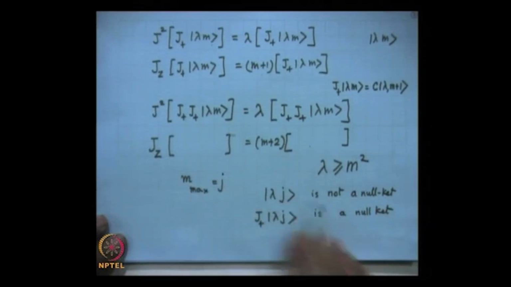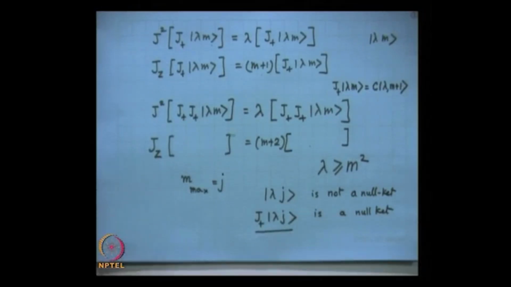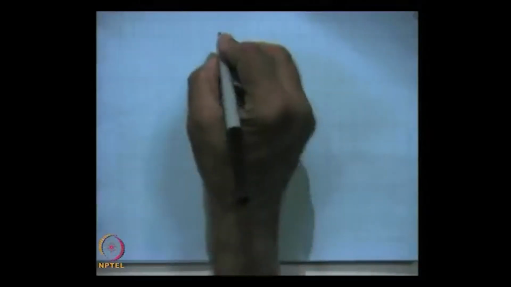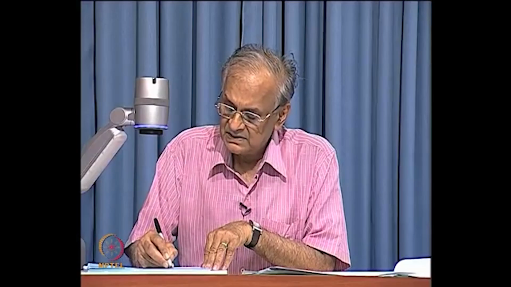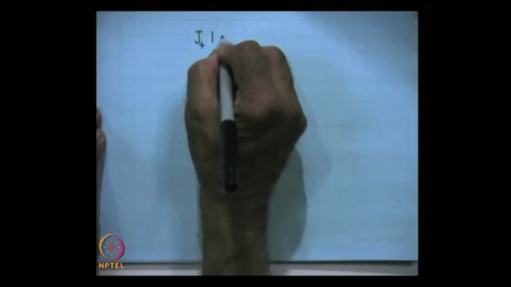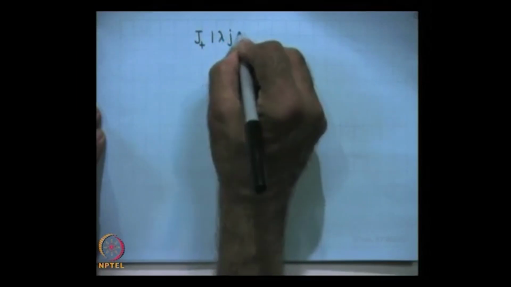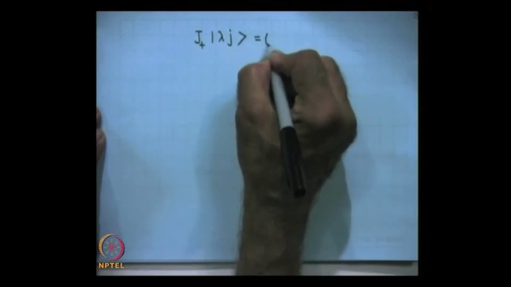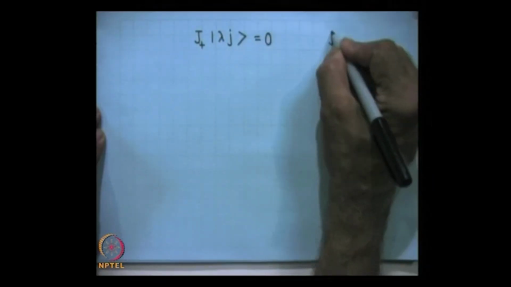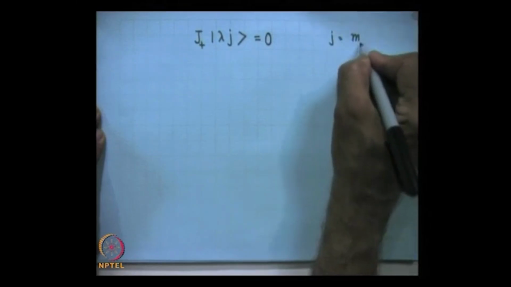So, you cannot have m plus 1, and therefore, J plus ket lambda j must be a null ket, where j is the maximum value of m.